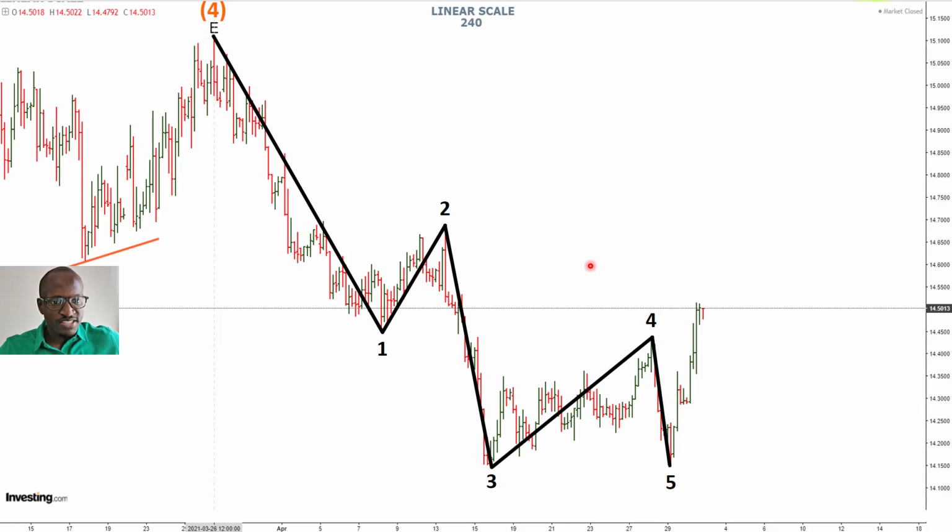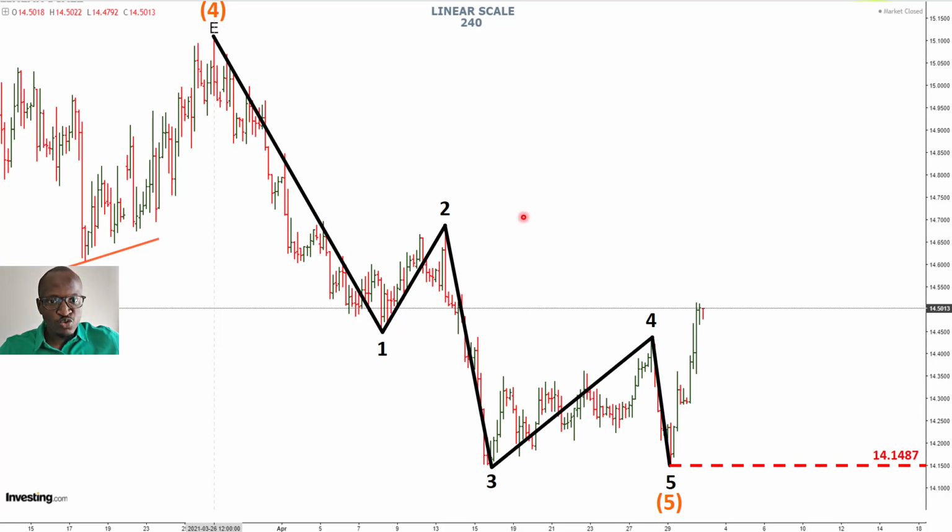Now the question is, is this 5 waves complete for wave 5, which would then see a bottom in place at 14.1487, or are we still in a downtrend?